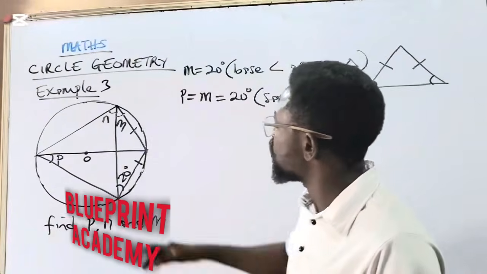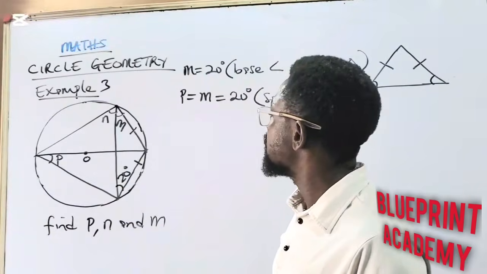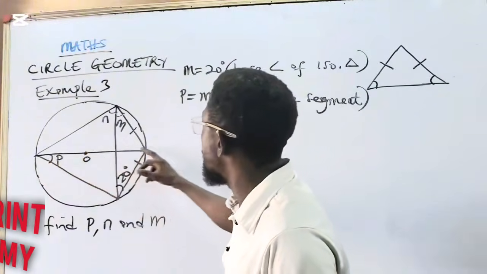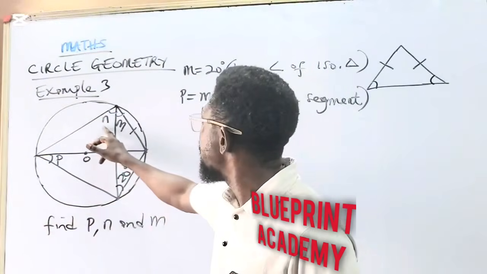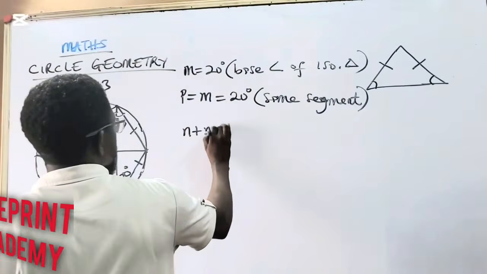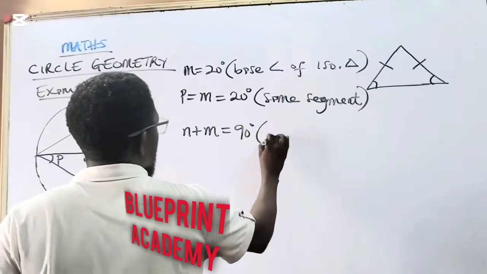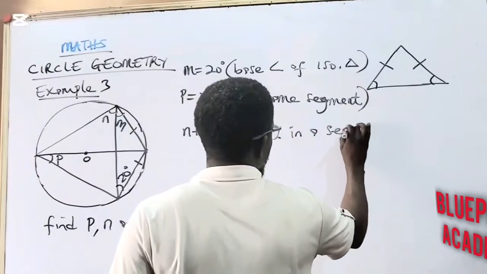Now, this one is the center of the circle, and since that is the center of the circle, remember we said angle in a semicircle is a right angle. So that means N plus M will be 90 degrees. Angle in a semicircle.